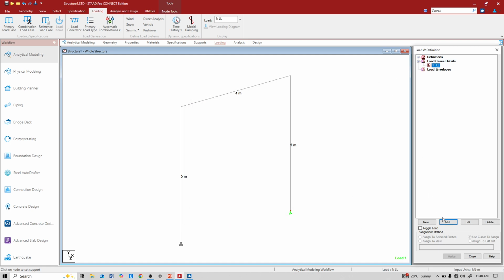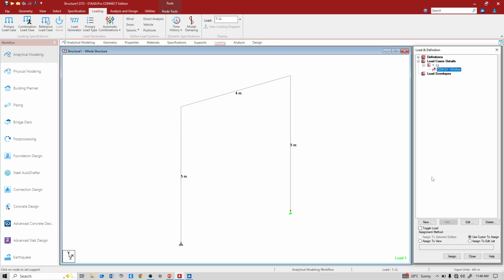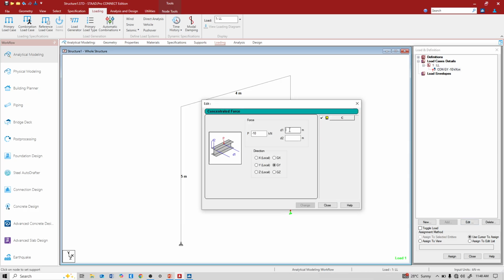Now first this 10 kilonewton concentrated point load, go to member load, concentrated force minus 10, because see, this direction is upward and our force is downward, that's why the minus sign comes, and magnitude is 10 kilonewton. Add. Close. Add, need to provide distance also, this is 2 meter distance from that point B.